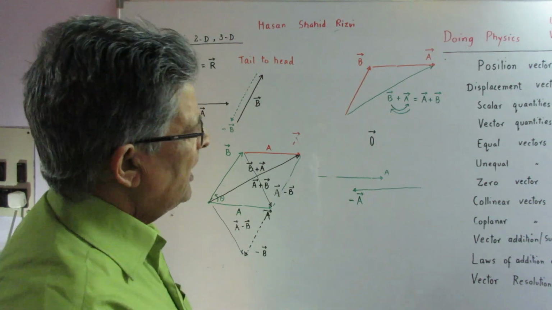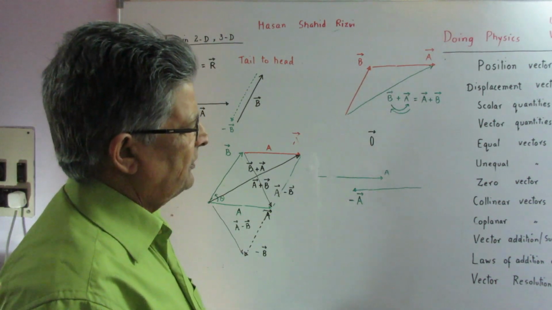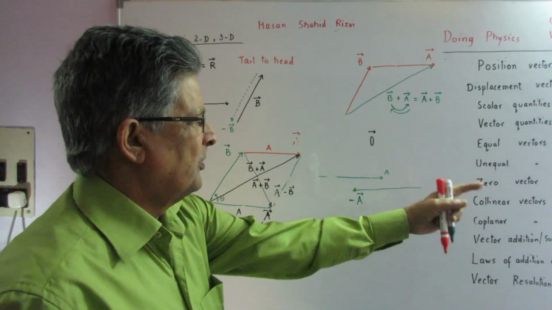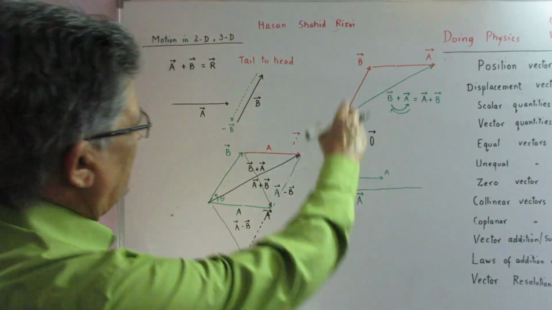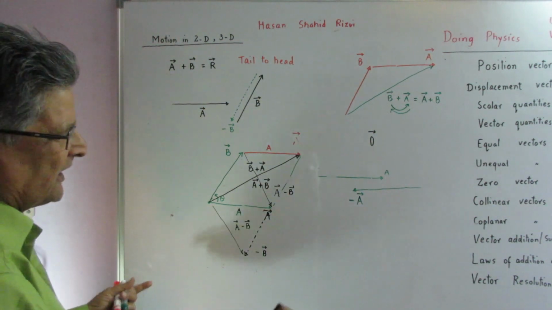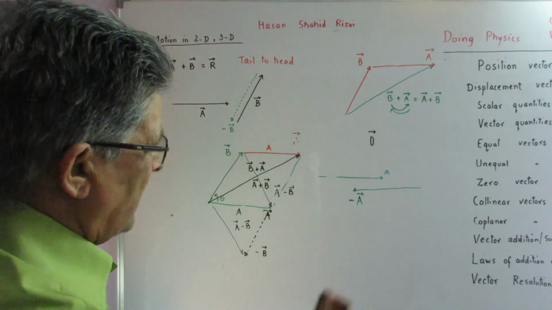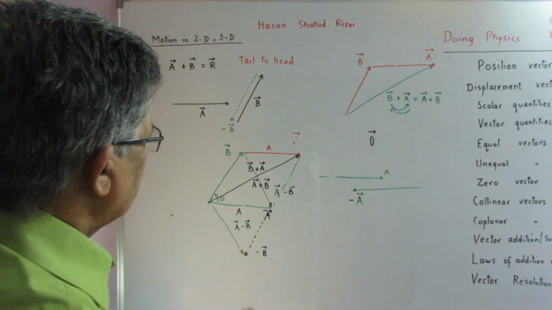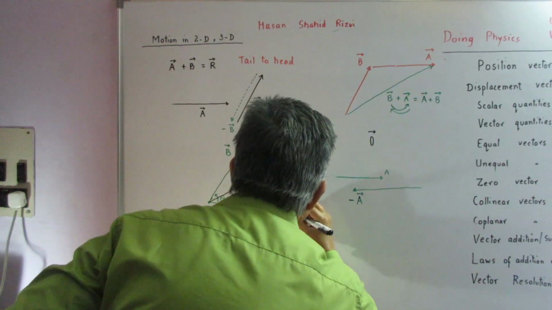Now, I told you if the vectors are in the same line, linear vectors, if they are in the same plane, they are coplanar vectors. Okay, addition and subtraction, the two methods: head and tail, and this is the parallelogram method.